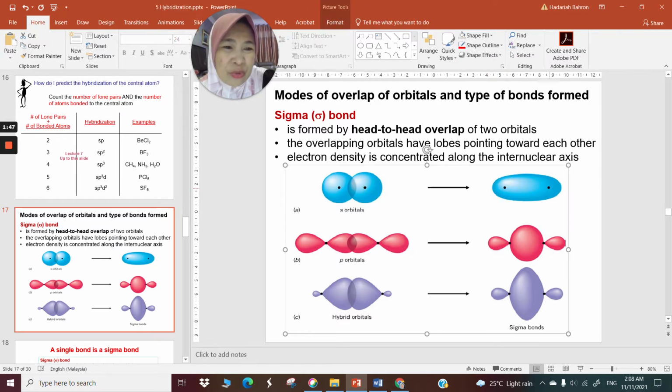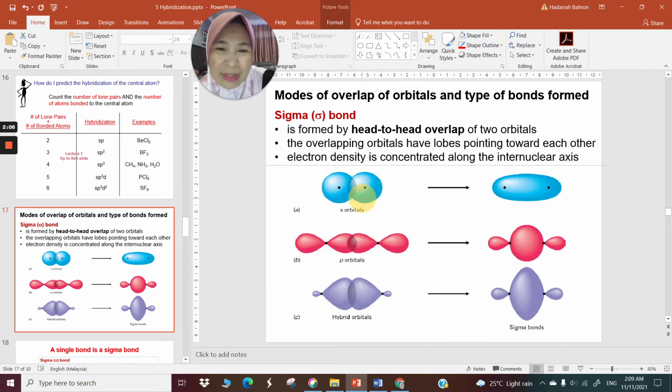So you get the two nuclei of the two atoms, and when they are making a sigma bond through head-to-head overlap, the electron density of these two atoms that have bonded will be concentrated along the internuclear axis.